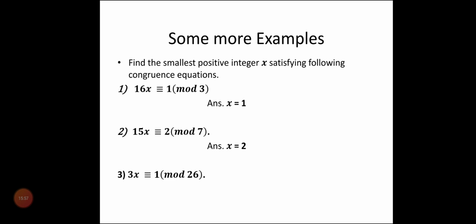For that you should know the table of 26 as well as the table of 3. So here try to get the value of x such that 3x minus 1 is divisible by 26. So the value 3x minus 1 should be a value which lies in the table of 26. So when 3x minus 1 lies in the table of 26, your 3x must be 26 plus 1, that is 27.